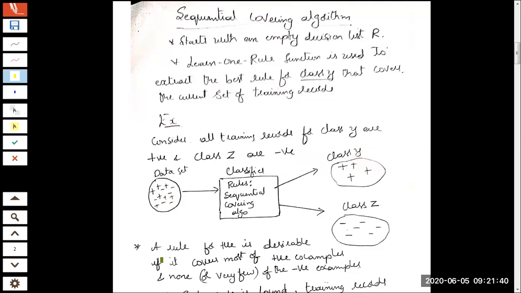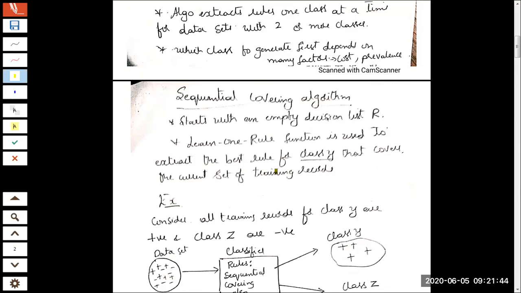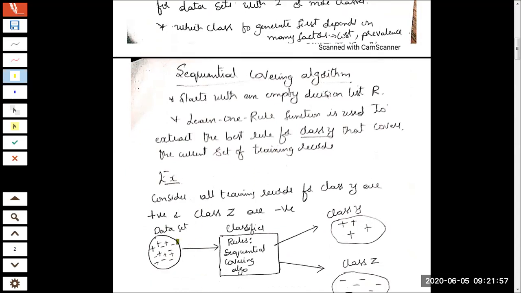Now we saw a few aspects of a rule-based classifier. We saw what is a rule, a general form of a rule, how a rule will be constructed. Okay, so just a recap of a few main highlights. A rule-based classifier will construct rules using existing data set. Okay, so this is the similarity between a decision tree and a rule-based classifier.